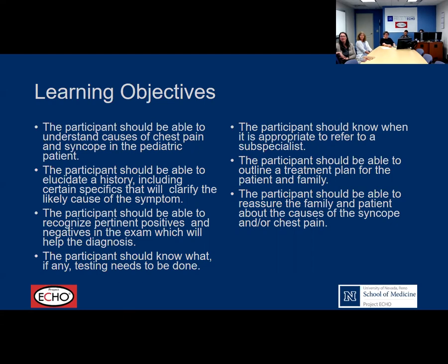I want you to be able to see what you might recognize on physical exam, what testing should be done, and when people should clearly be referred, and when, if you choose not to refer, that's perfectly appropriate. And the reassurance part, I keep going back to that because it is a huge part of taking care of the patients with these complaints.